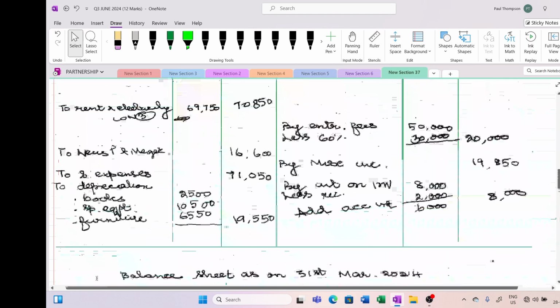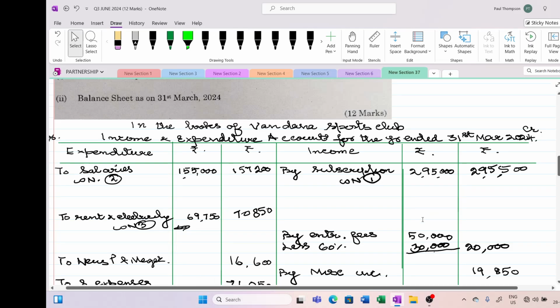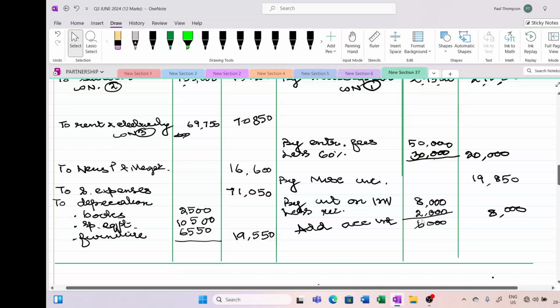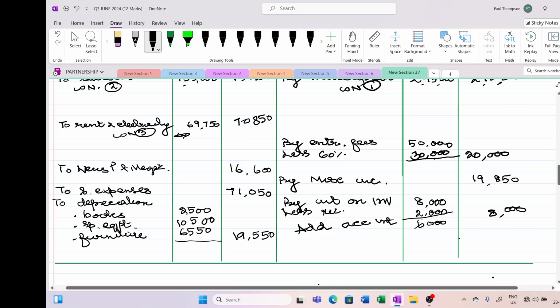Okay, now let us go and close our income and expenditure account. So what is our credit side? 2,95,500, 20,000, 19,850 and 8,000. This total comes to 3,43,350.